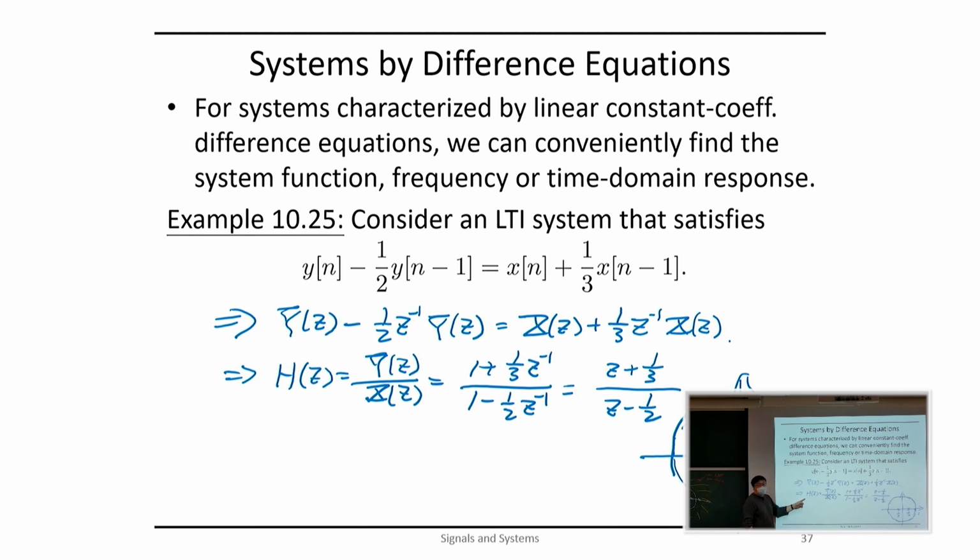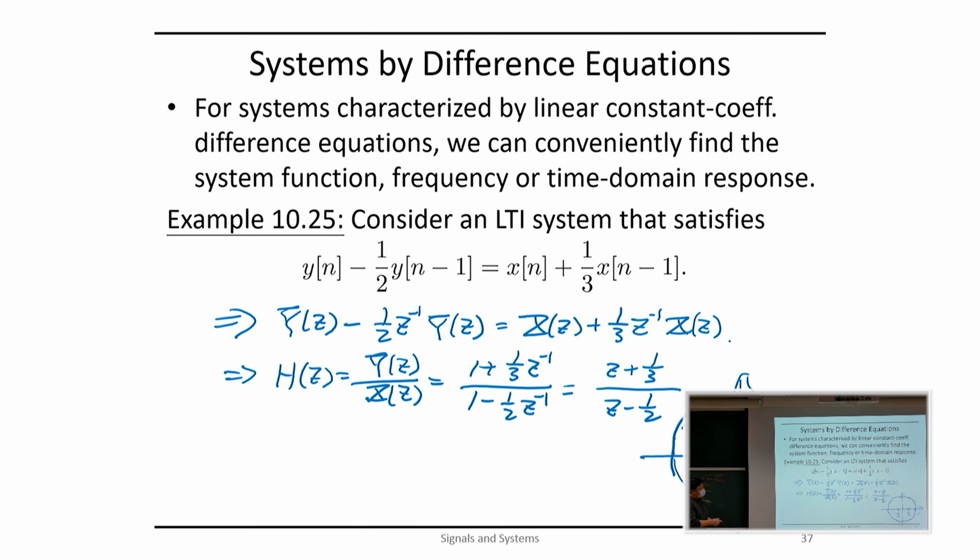So this is the system function that you get from a system described by a difference equation, and you see that it is in a rational form. As in the continuous time case, this extends to an arbitrary number of terms as well.